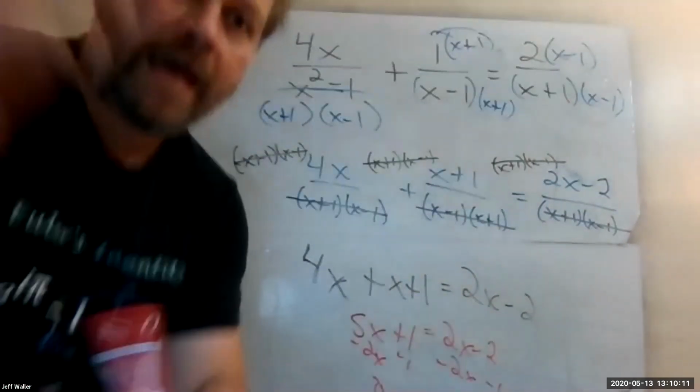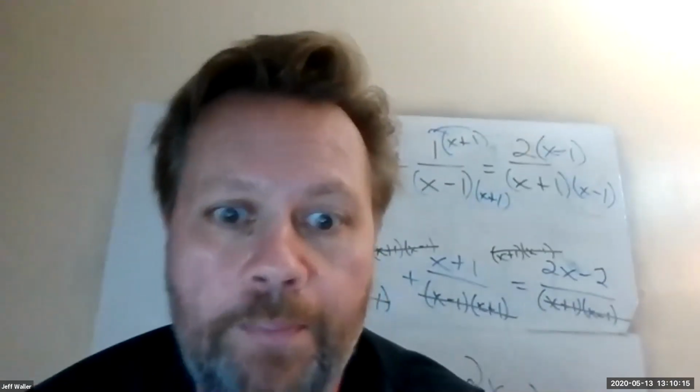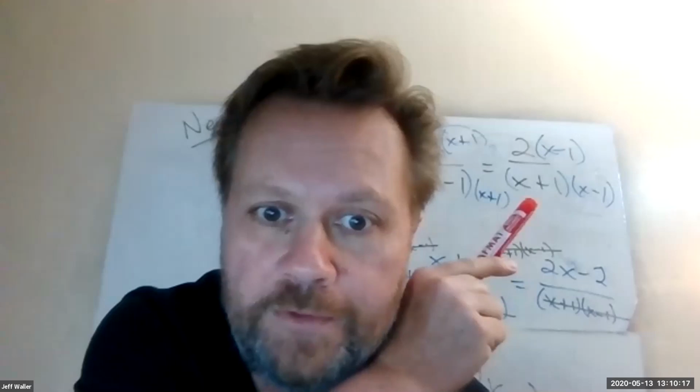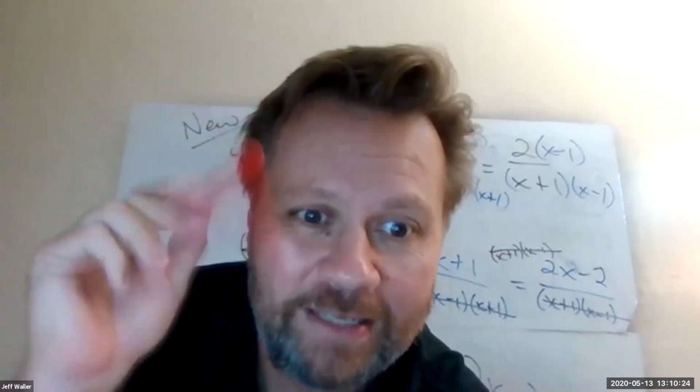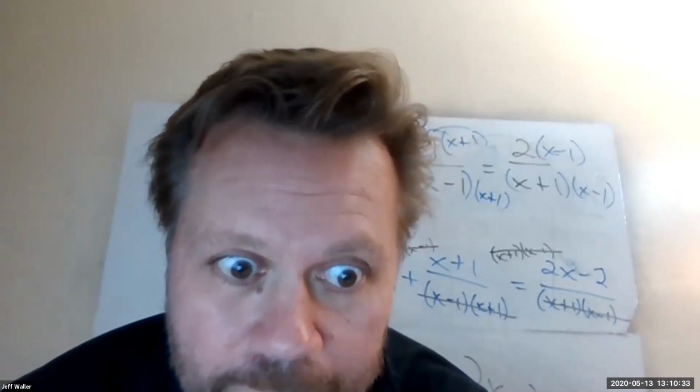So I really want you to, since we have variables on the bottom, be careful about the possible answer I get. I can't let it do something it's not allowed to do. It can't make them undefined. I can't use it.